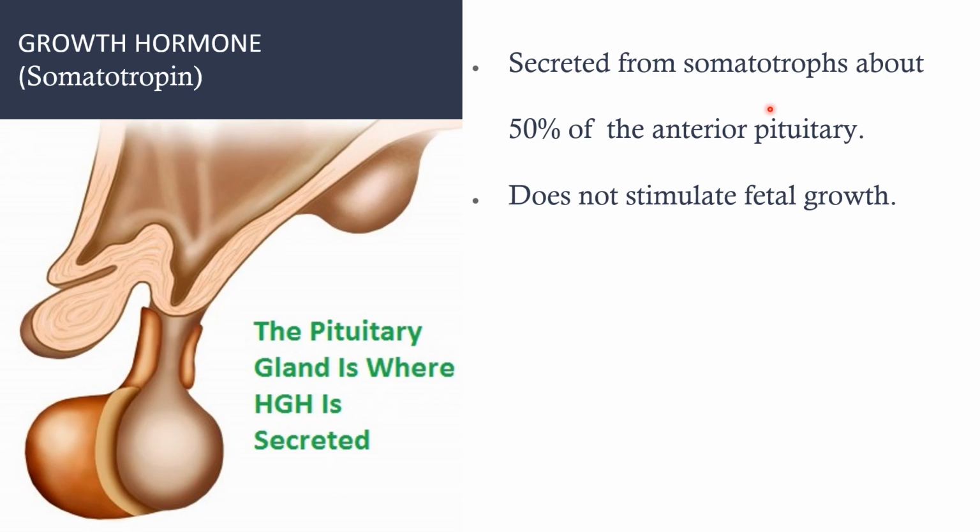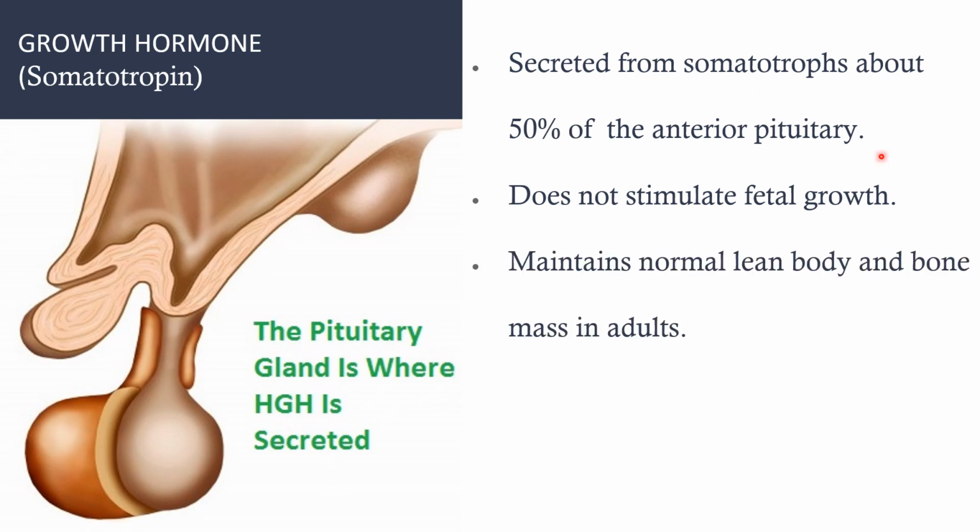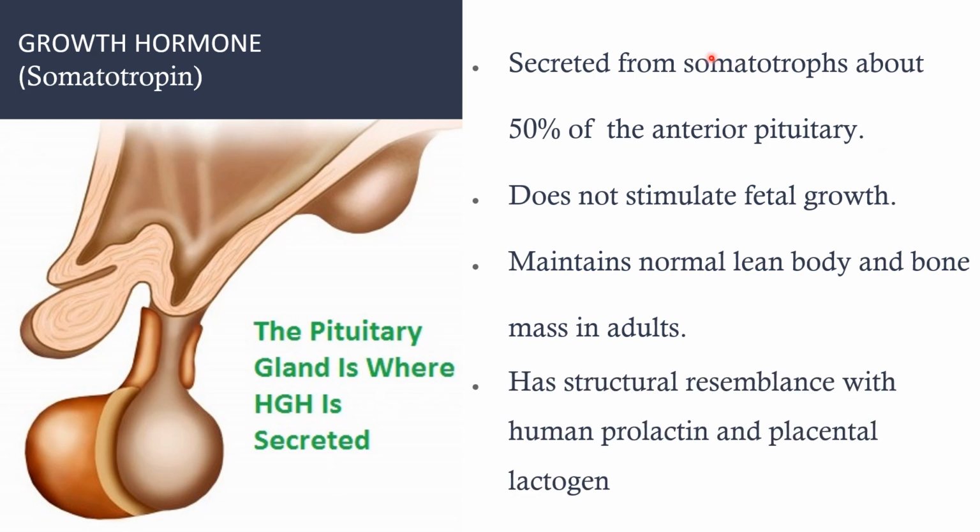It does not stimulate fetal growth. It maintains the normal lean body and bone mass in adults. It has many metabolic effects. It has structural resemblance with prolactin, and also the placental lactogen.